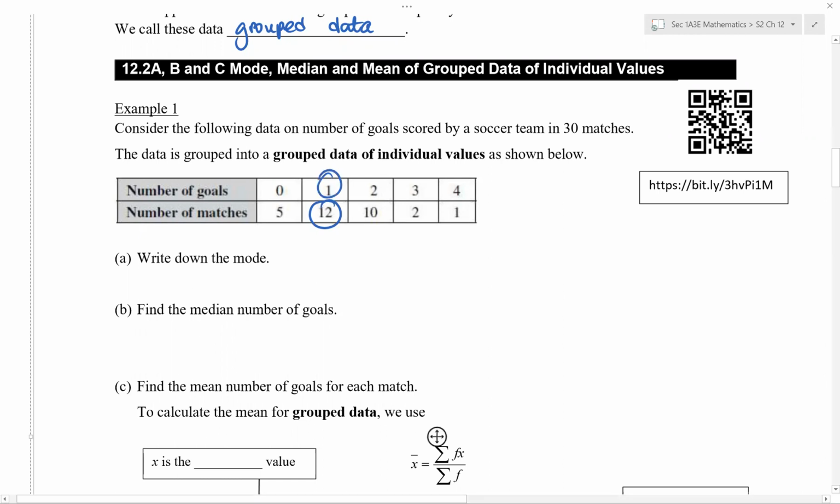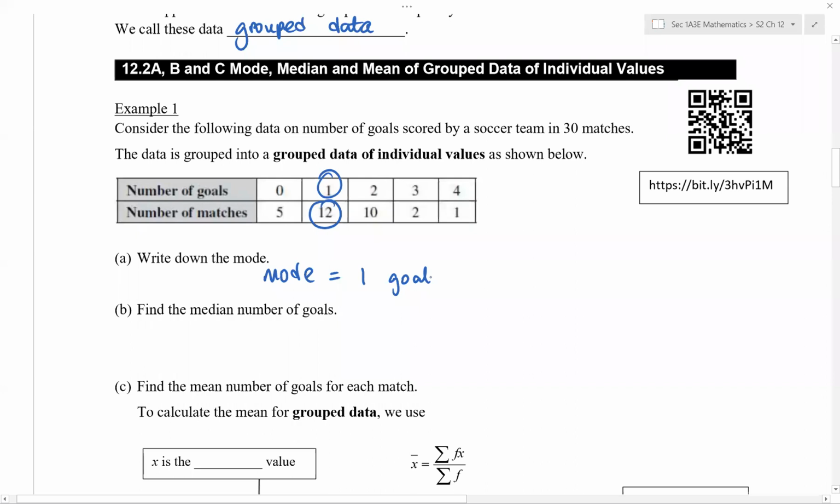The value is actually 1. Remember when we drew everything out, there were a lot of 1s, right? There are 12 of them. Not 12, our mode is 1 goal.